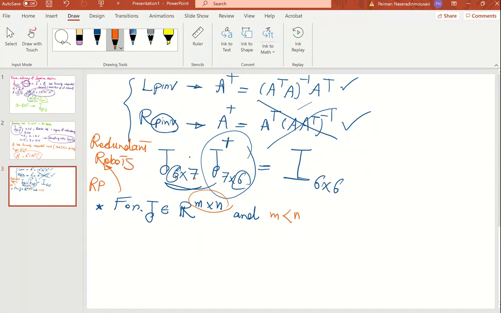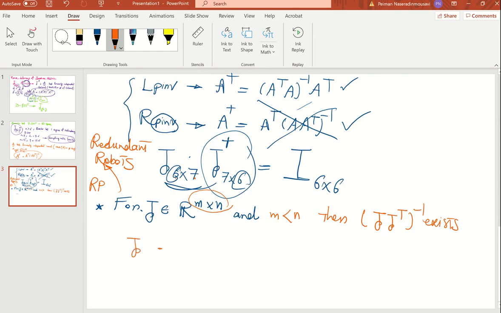Then the inverse of J times J transpose exists, as I taught you.